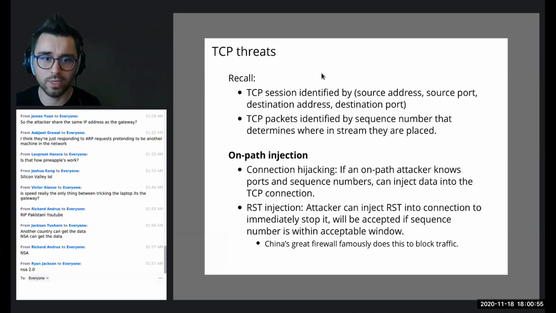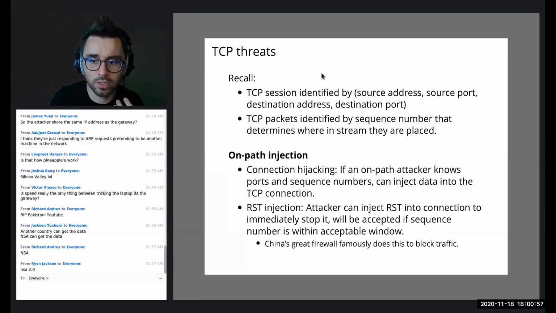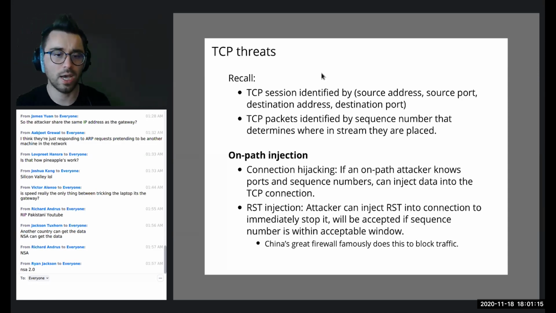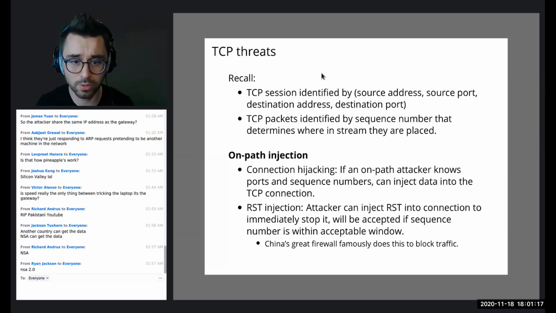The other bit that makes it a little harder than vanilla IP is that when we create a TCP connection, we have the three-way handshake. Then we establish sequence numbers between the two points to set up the circuits. So as the attacker, you actually have to guess these sequence numbers. But suppose we did guess these things, what can we do?